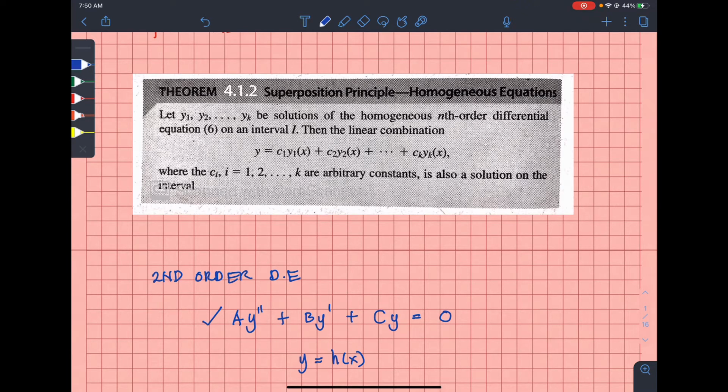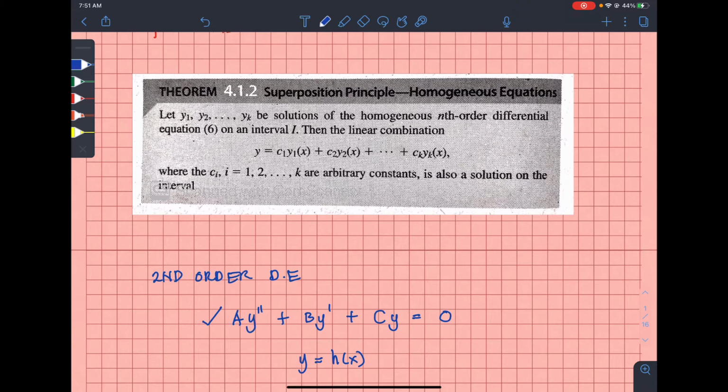The order of the differential equation corresponds to the number of solutions. Given that y1, y2, and y sub k are solutions of the homogeneous nth order differential equation on the interval I, then the linear combination y equals c1 y sub 1 of x plus c2 y sub 2 of x until c sub k y sub k of x, wherein the c sub i, for i equal to 1, 2 until k, are arbitrary constants, is also a solution on the given interval. That is what we are talking about, the superposition theorem.